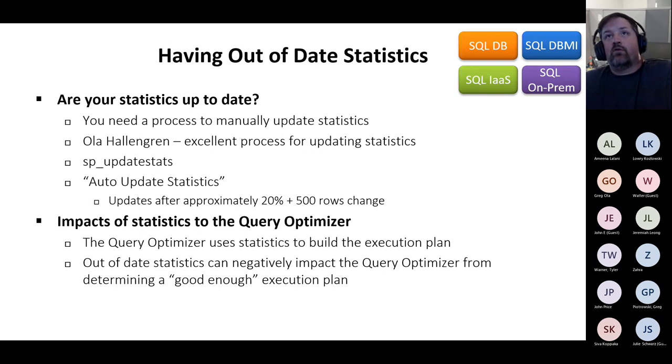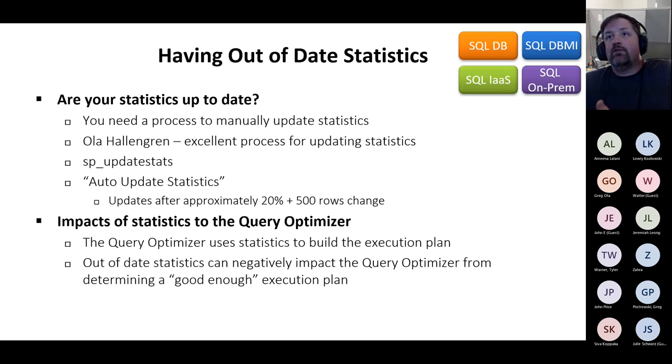All right, let's talk about performance-related things. So statistics. Statistics are what the query optimizer uses to generate your execution plan. Pretty important component here. So if you have out-of-date statistics, SQL Server is not using the best knowledge to generate your execution plan.